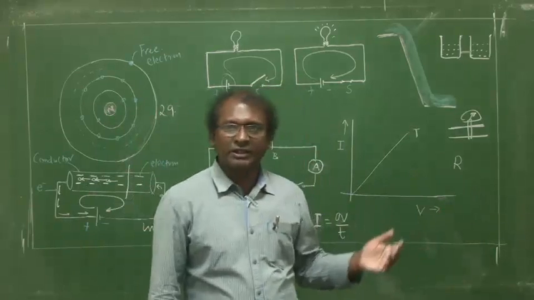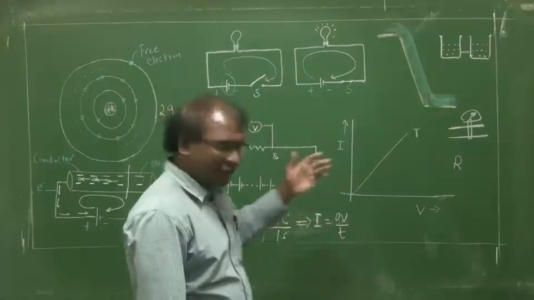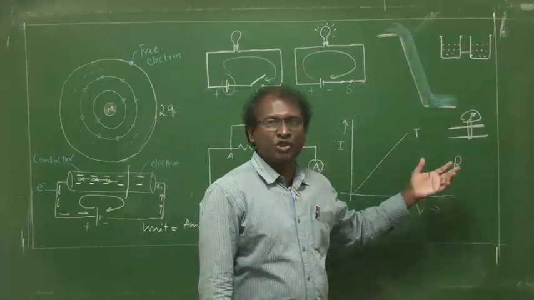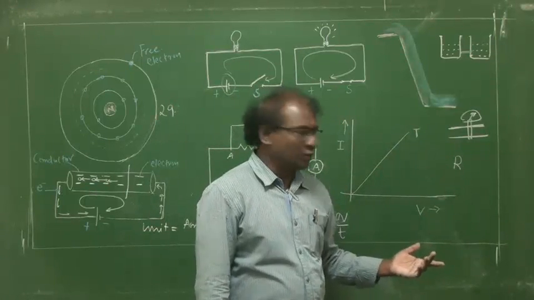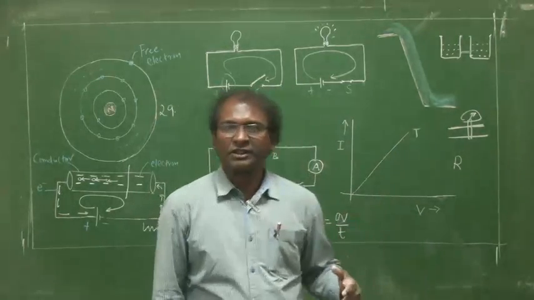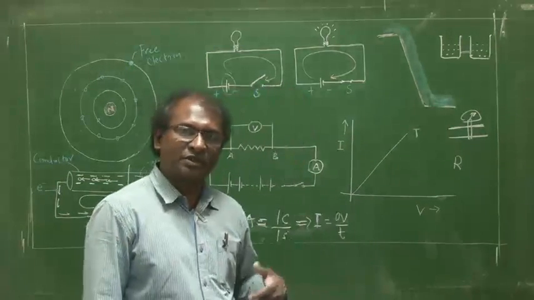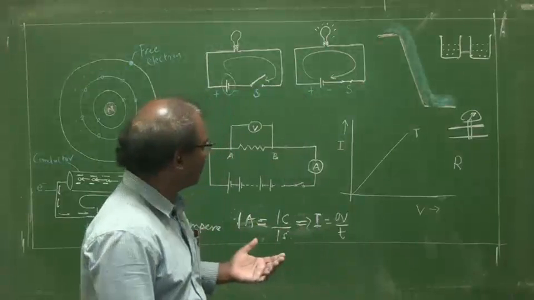Again, we can draw the analogy to water flow, where the friction in the pipe is nothing but the resistance to the water flow. So in a conductor, the resistance is a property of the material to oppose the current flow.